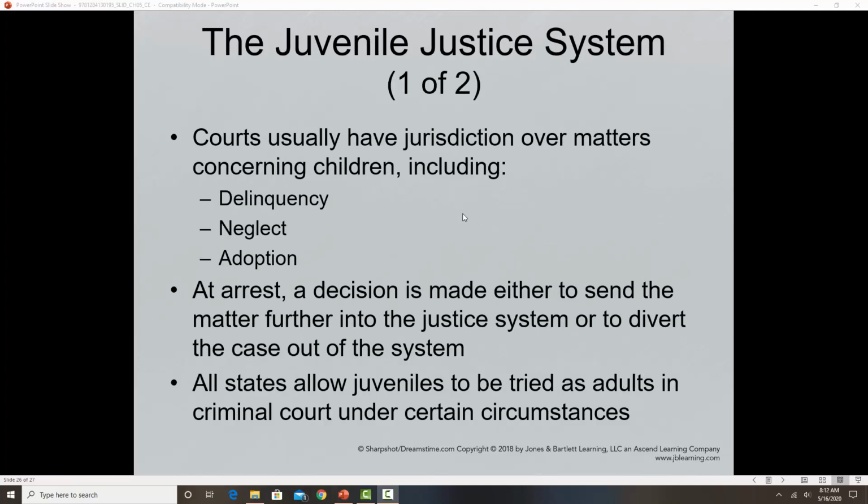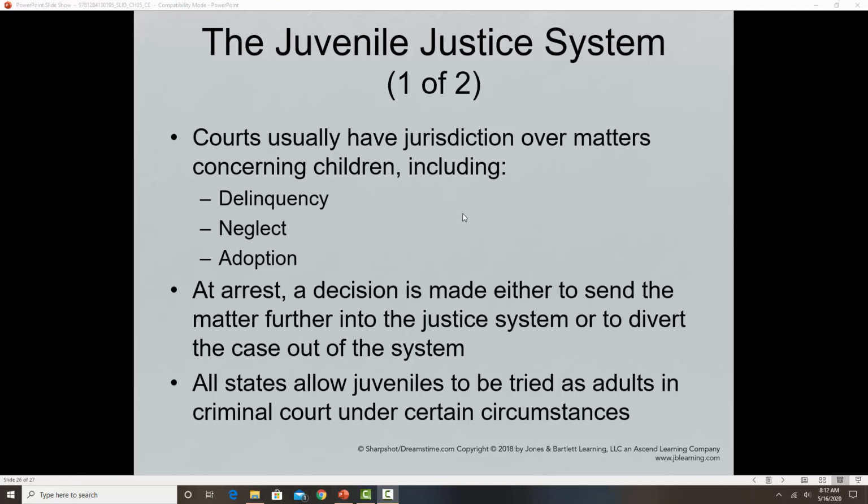Now, in addition to the adult criminal court system and the civil court system, we also have the juvenile justice system. The goal of the adult criminal court system is punitive. Theoretically, the goal of the juvenile justice system is to rehabilitate. Courts usually have jurisdiction over matters concerning children that include delinquency, neglect, and adoption.